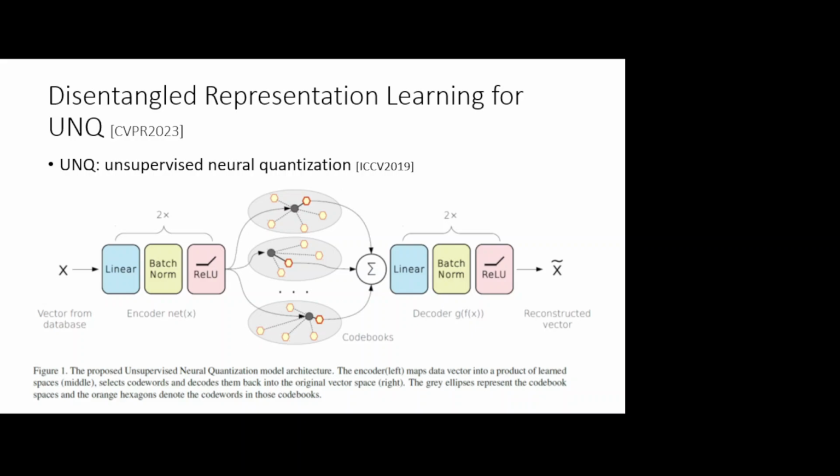In this design, the encoder is like this: linear, batch norm, and ReLU, repeated twice. After it, we get this representation of the data x.